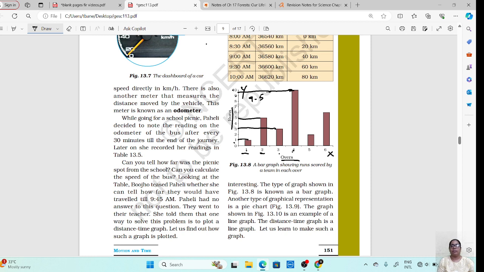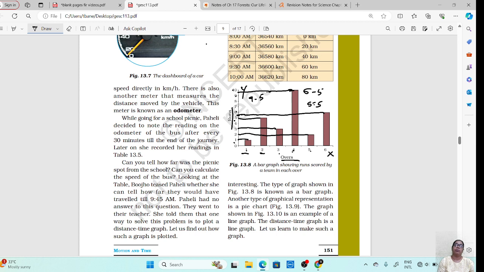Then at the fifth over, the run scored is 2. And at the sixth over, the number of runs scored by the player is somewhere between 5 and 6. It can be something like 5.5, because the graph is ending between 5 and 6.